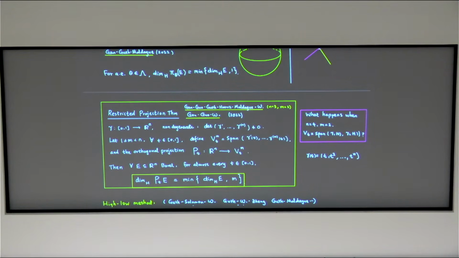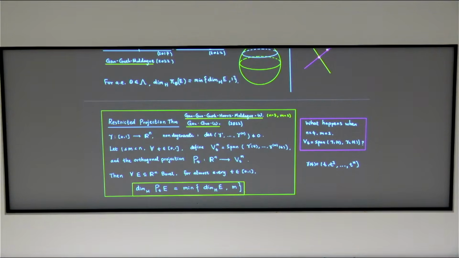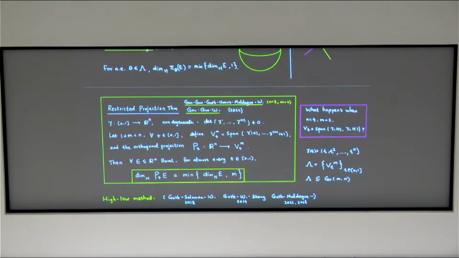So the strength of this theorem is again, so here when we let lambda be the set of the subspaces, then lambda is a curve on the Grassmannian, and it's only a curve.